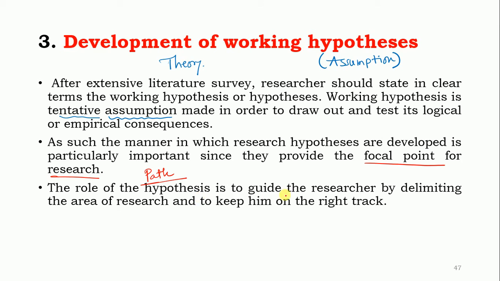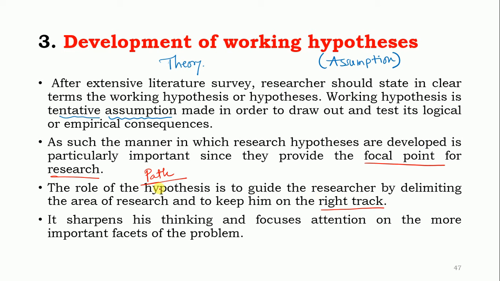The role of hypothesis is to guide a researcher by delimiting the area of research and to keep him on the right track. As we were told just now, the hypothesis keeps you on the right track. It sharpens his thinking and focuses attention on the more important facets of the problem.